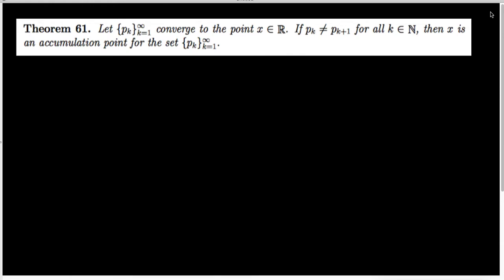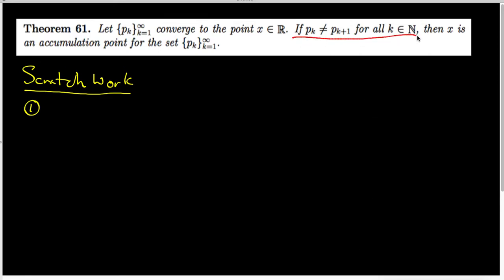So I'm going to start out with talking about some scratch work, stuff that I need to do in order to figure out how to start in on this proof. And the first part of the scratch work is in dealing with what it means when we have that particular hypothesis, because that's a peculiar looking hypothesis.